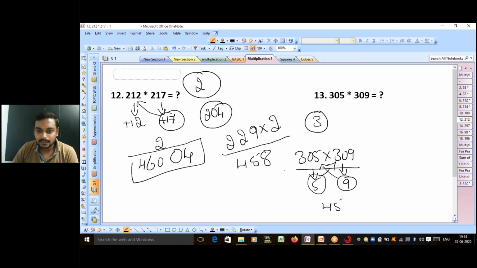You'll get the same answer. 305 plus 9 is equal to 314. With 3 we have to multiply. Why? Because we have taken the base as 300. So 314 into 3 is equal to 942. So answer will be 94,245.